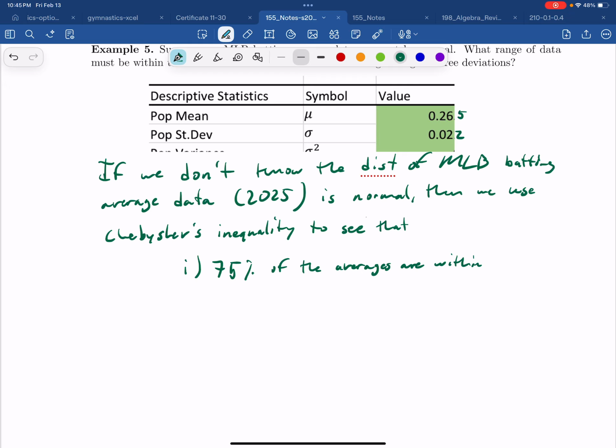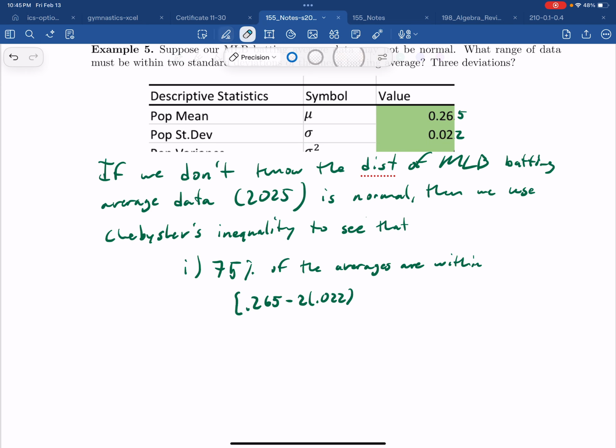Are within 265 minus 2 times the quantity 0.022 to 265 plus 2 times 0.022.